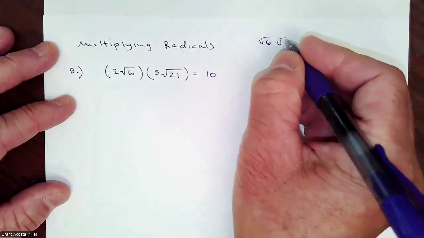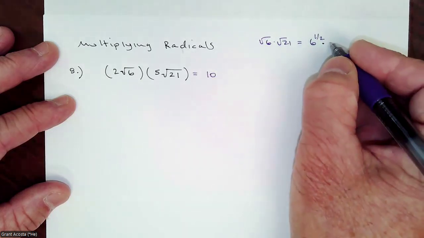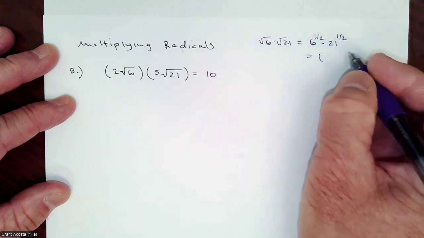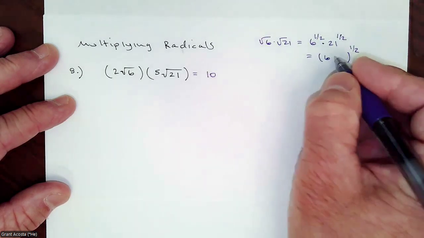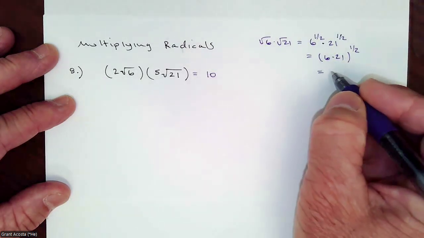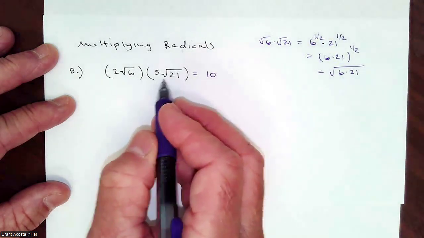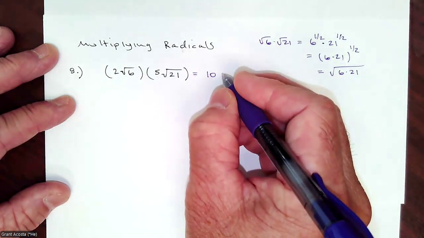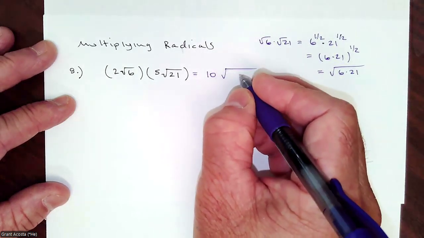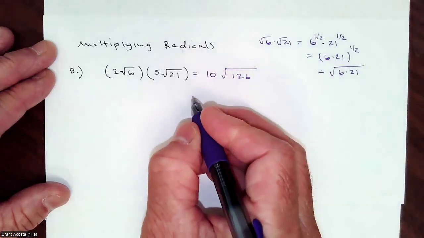If I have root 6 times root 21 and I take this back to exponents, that's 6 to the 1/2 times 21 to the 1/2. Well, if they're both raised to the 1/2, I could always put them together, which is the same as just taking the square root of whatever 6 times 21 is, right? So I can multiply those together within the root. This becomes the square root of 6 times 21. I suppose that's 126.